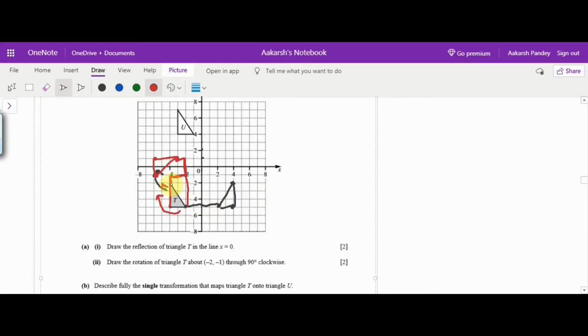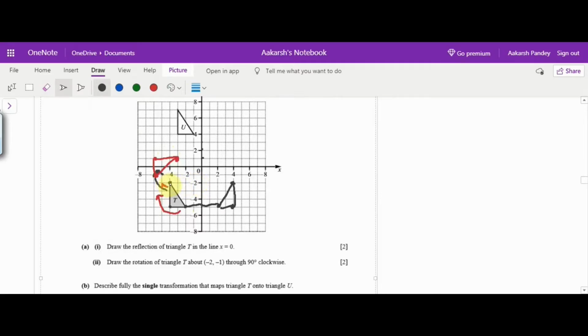And how many boxes has it been translated? Let me first clear this mess a little bit. So this is the top vertex. When we have translation, each of the vertices will be translated by the same amount, so we'll just find it for one.